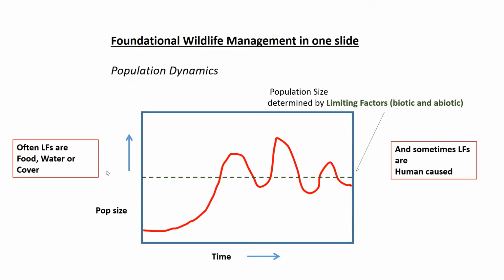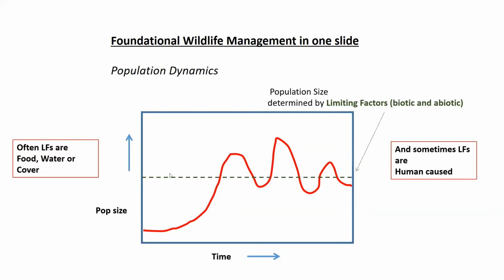And sometimes they're human caused. An example I like to point out, and it sounds kind of crazy, is small wetlands in urbanizing settings, where the amphibians leaving the pond to go to the uplands will get run over. If the road density is too high, that can be an ultimate limiting factor that causes that line to just crash to zero.